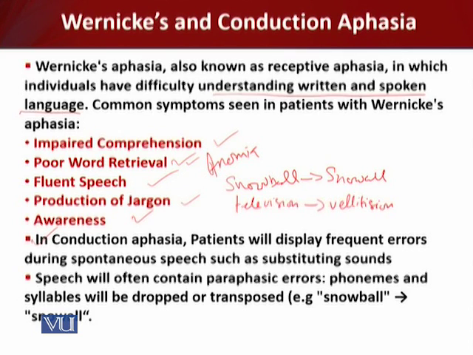Patients suffering from conduction aphasia will show a marked inability to repeat words or sentences when they are asked to do so. After saying a sentence to a person with conduction aphasia, he or she will be able to paraphrase the sentence accurately, but will not be able to repeat it.